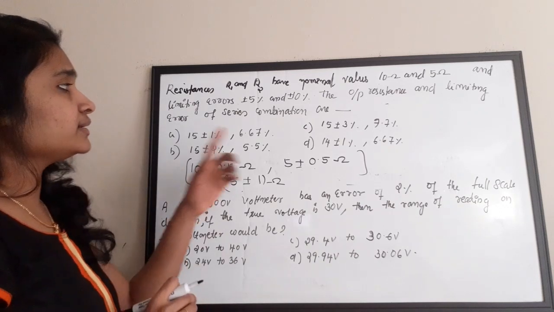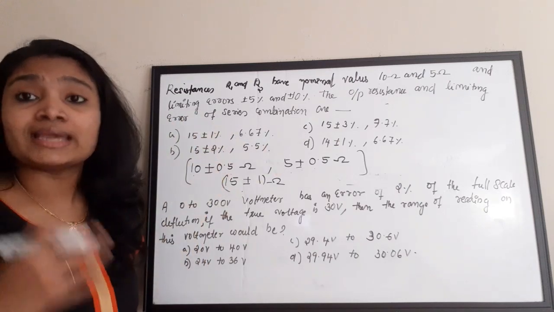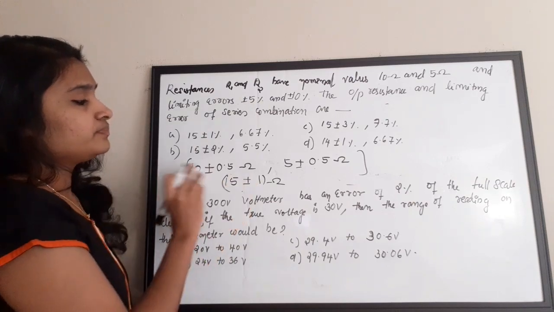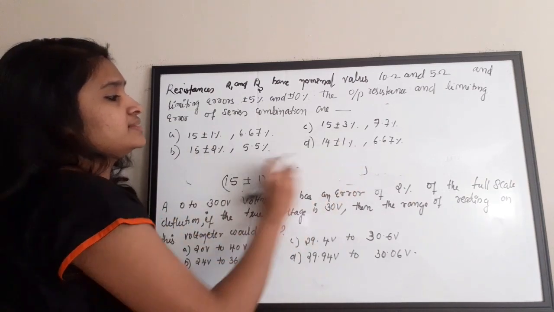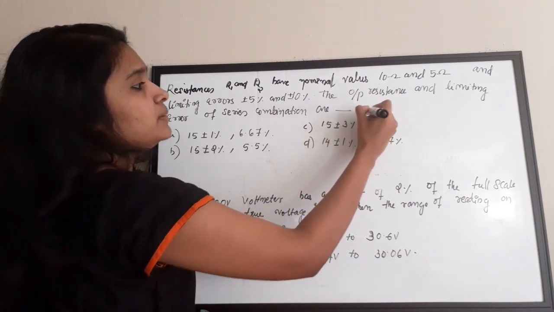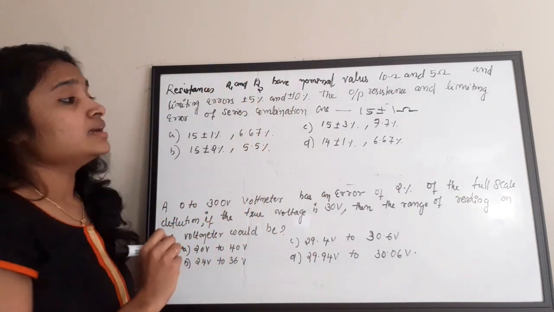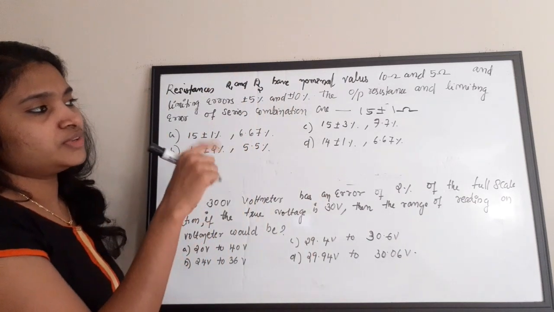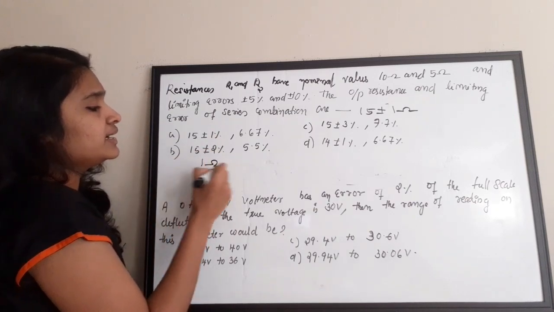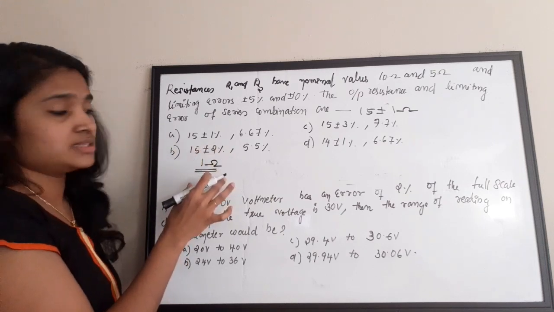Now they are also asking for the limiting error. The limiting error is actually expressed in percentage. Here the output resistance is 15 plus or minus 1 ohm. Out of this, the 1 ohm is the resistance contributed by the error percentage, right?